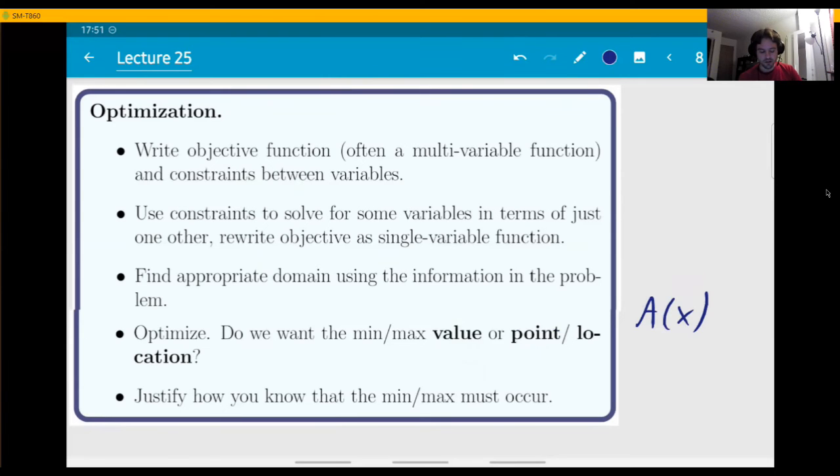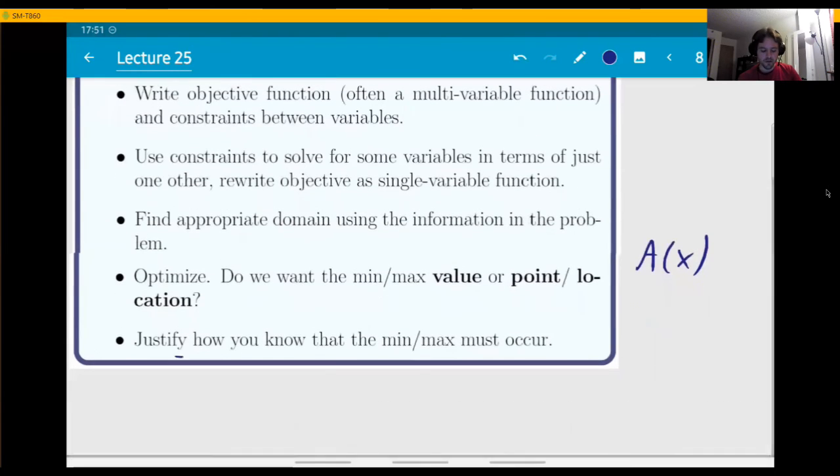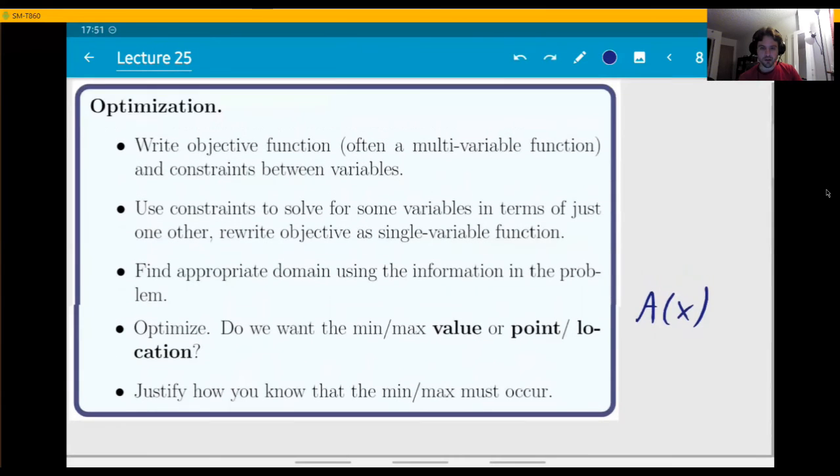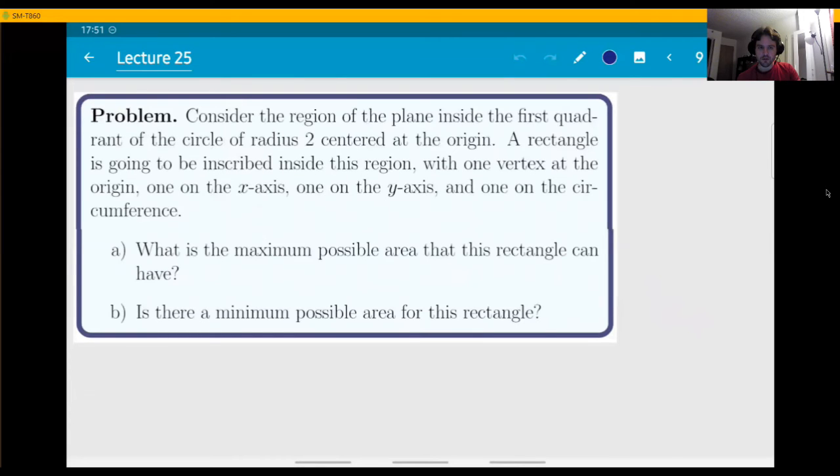All right, and then often you're gonna need to justify how you know that the min-max must occur, and also that it is the min or max. Remember that things like the first derivative test or second derivative test are only good enough to justify that a point is a local min or local max. But for these problems, you usually want it as a global, and it's gonna depend on the problem. We're gonna do it for both of these problems, so let's see how that works.